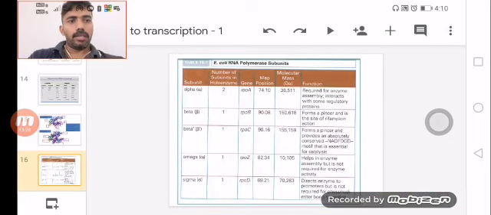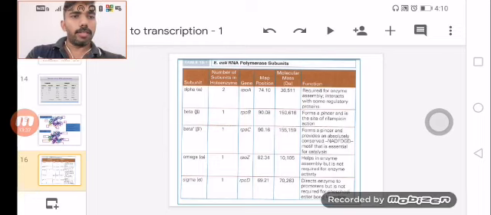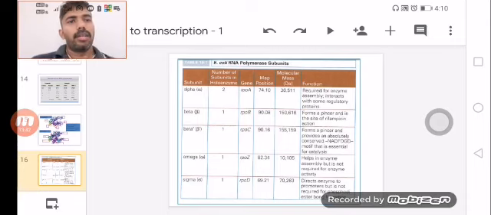When you look at the subunits specifically, the alpha subunits are required for the initial assembly of the enzyme. Moreover, the alpha has a carboxy terminal domain and an amino terminal domain, of which the carboxy terminal domain is important for the interaction with the promoter site.